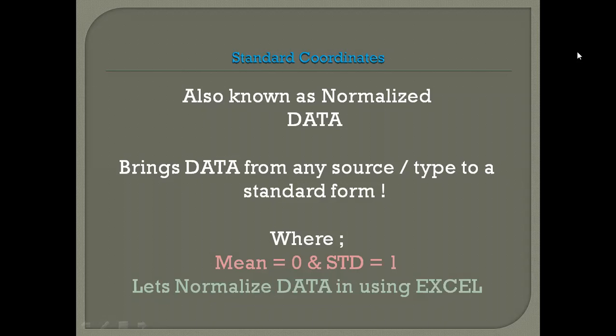Any data from any source, you normalize it, and post normalization you will have the data in standard coordinates, with a mean of 0 and a standard deviation of 1. Okay, so let's move to Microsoft Excel and perform these basic things, right?